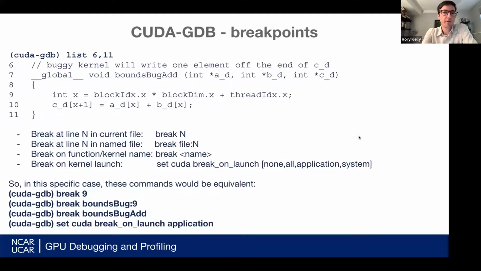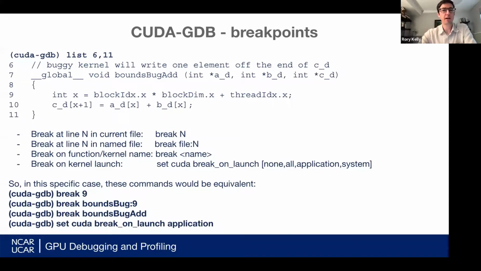Setting breakpoints. Again, this is just like setting a breakpoint on the CPU side, but they do also work inside kernels. They work very well inside CUDA kernels, a little less reliably inside OpenACC generated kernels. Looking at that bounds bug as a model here, there are many ways to set a breakpoint. You can say break on a particular line.